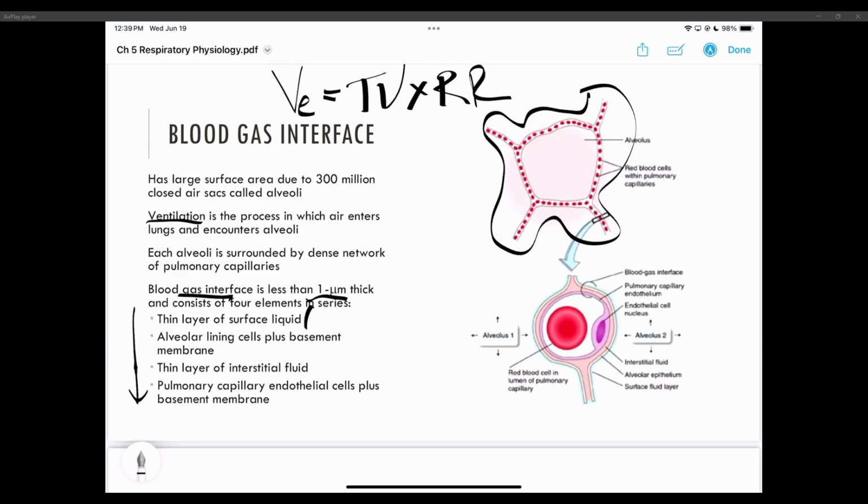What's the little liquid in the alveoli? Surfactant. So we have surfactant. Our alveolar lining. Then we have a very thin layer of interstitial fluid. And then finally we have our pulmonary capillaries.